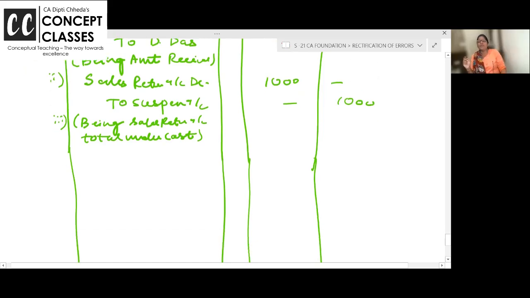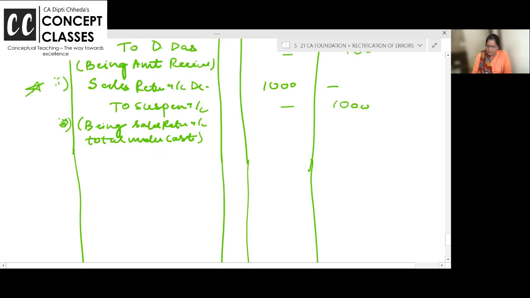Now listen all of you, if the trial balance is not prepared and the suspense account is not there, then go to the sales return ledger and on the debit side write down the undercast of the total and add. I mean, this entry would have been one-sided if the suspense account is not there.